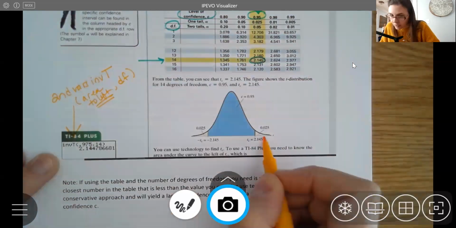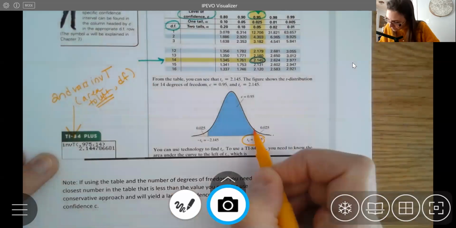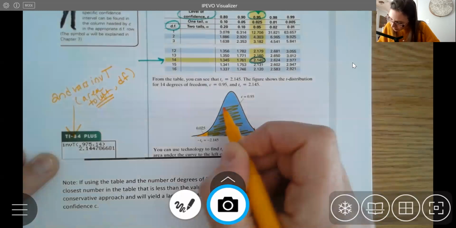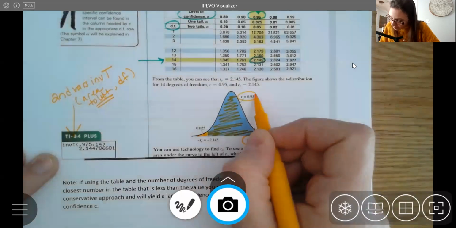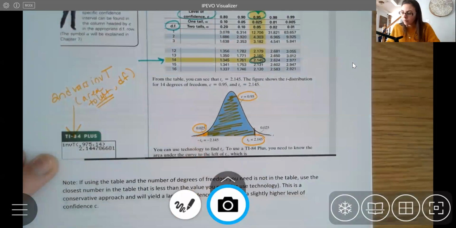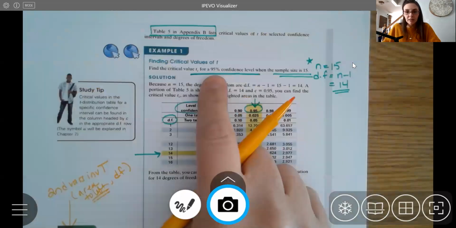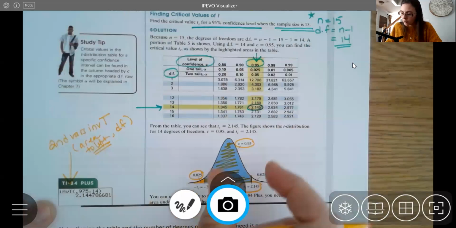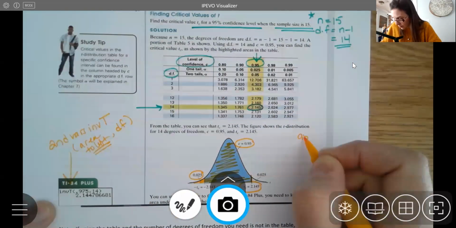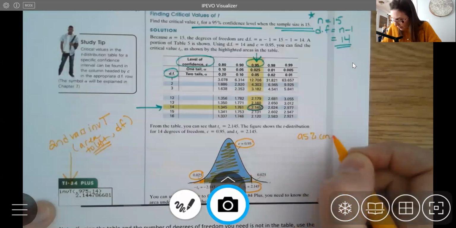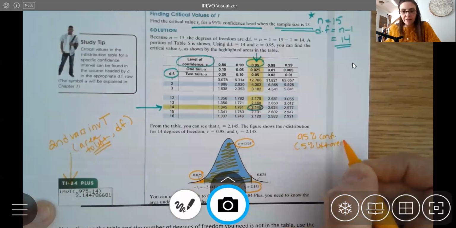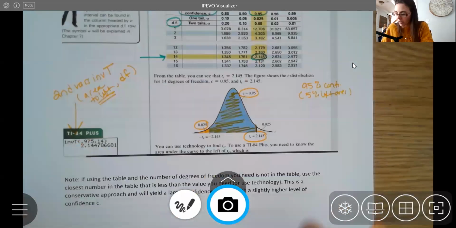So if I'm looking for this value right here, and I want the area to the left, well, I have 95% plus another 2.5%, right? If I'm looking for a 95% confidence, that's the part in the middle. So the middle is 95%. That means I have 5% left over, and that 5% has to get split on each side.